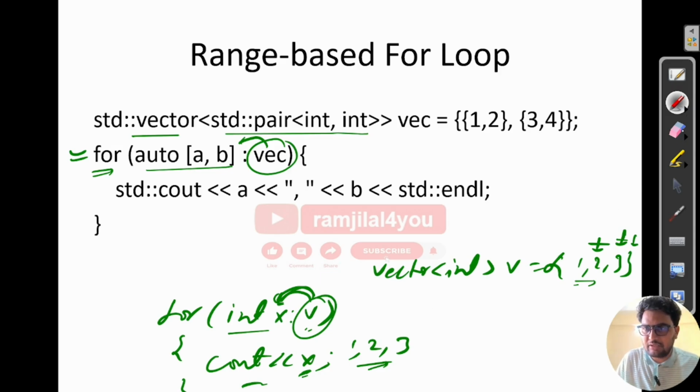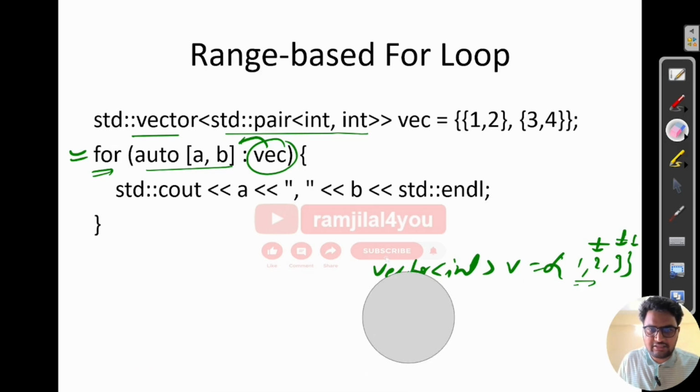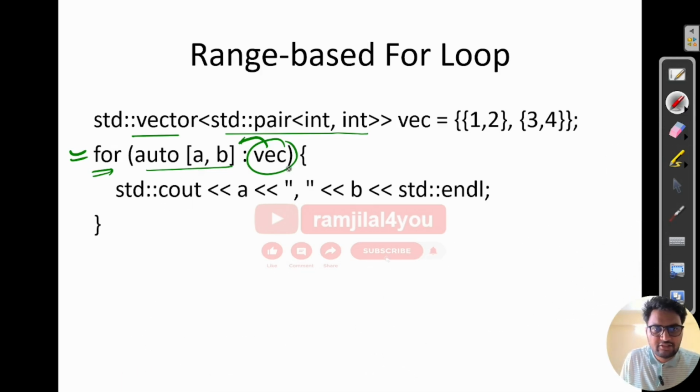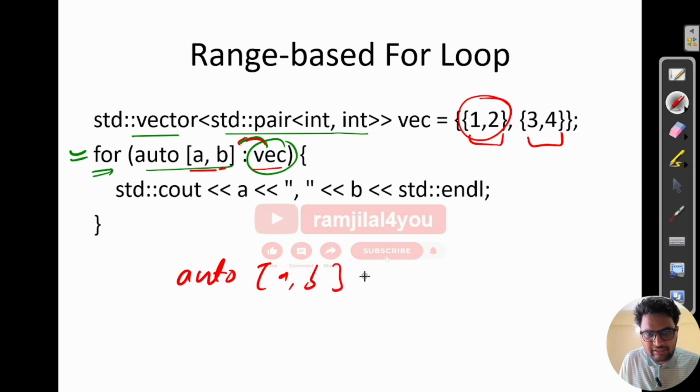Now you can easily understand the given example here. This is the vector, and here we have two elements, which is why we are giving a and b. The first element will get copied to this, so it is like auto a comma b equals this member, that is v of 0, 1 comma 2.